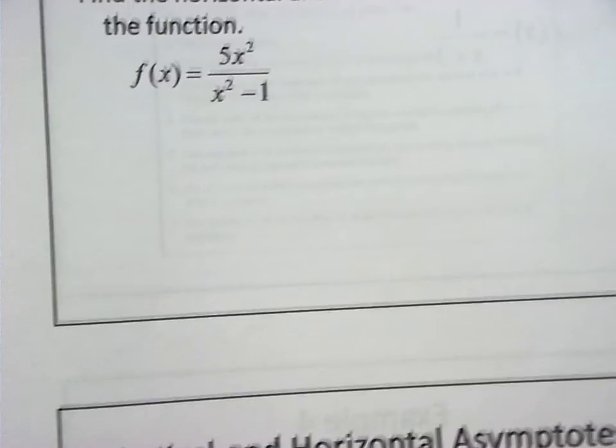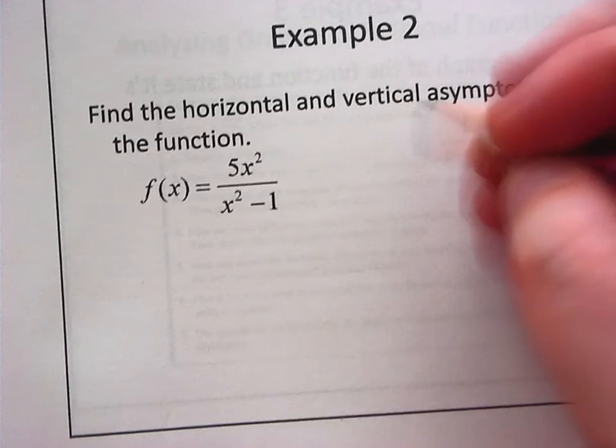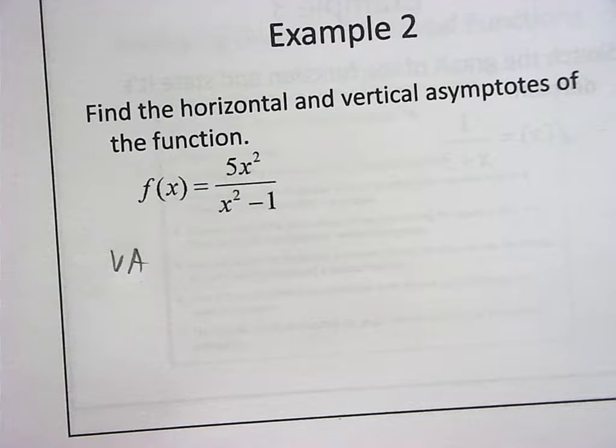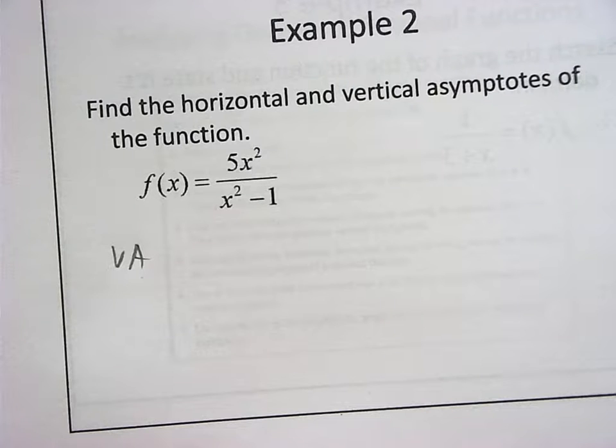What it comes down to is you need to find those horizontal and vertical asymptotes. So, looking at this, easy one first is going to be the vertical asymptotes. How do I find the vertical asymptote for this? Vertical asymptotes are when you're trying to do what? Get the denominator to equal 0.